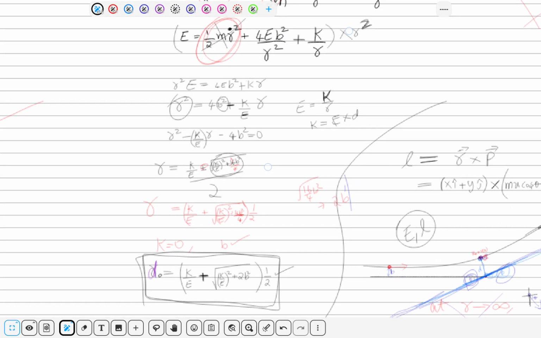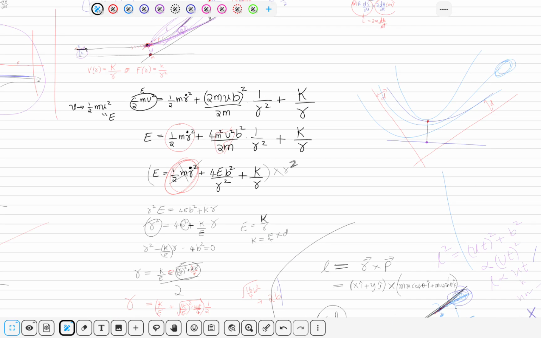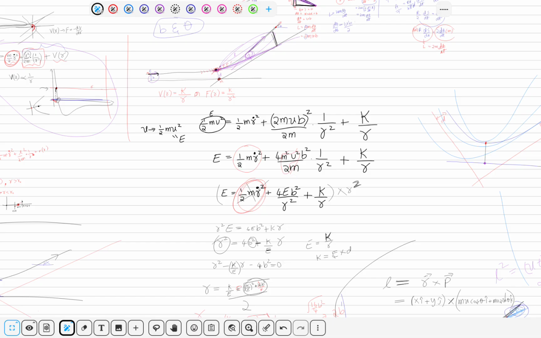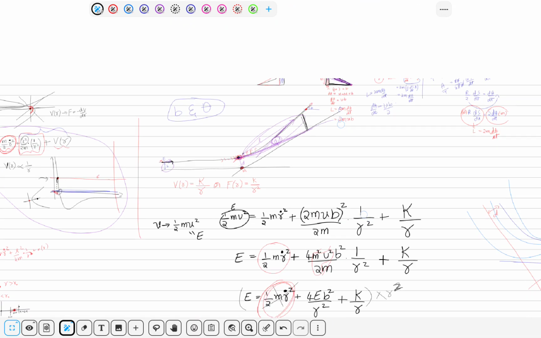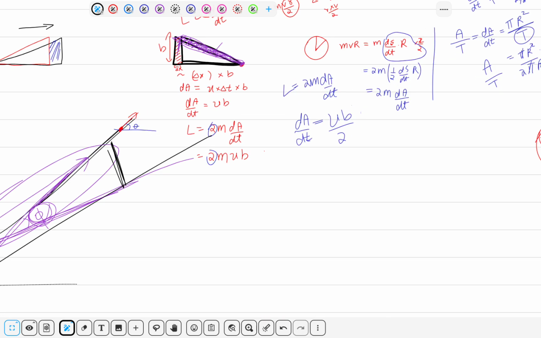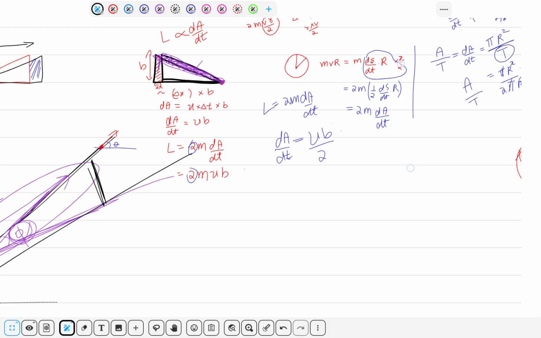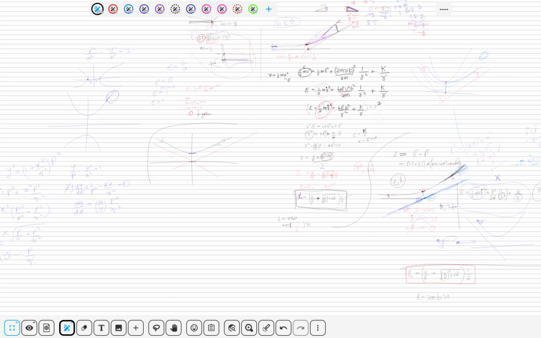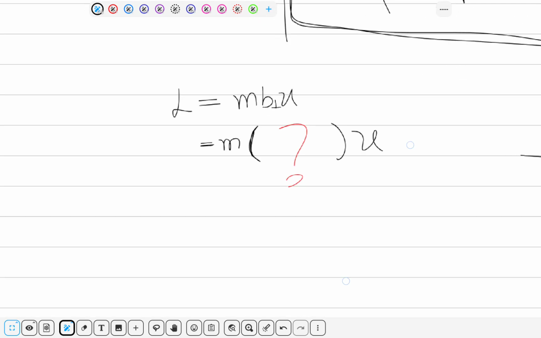I had that as well somewhere, used. Please, where are you? All this, man, crazy. L is 2 M B U, and let me write it in terms of kinetic energy.